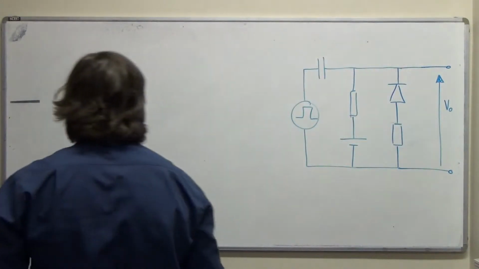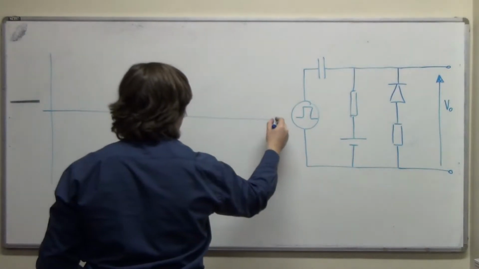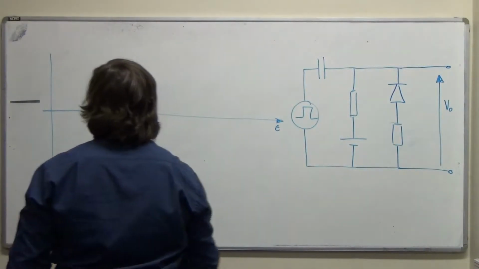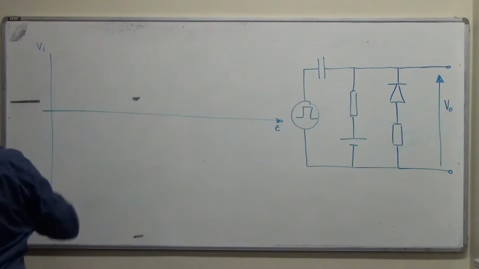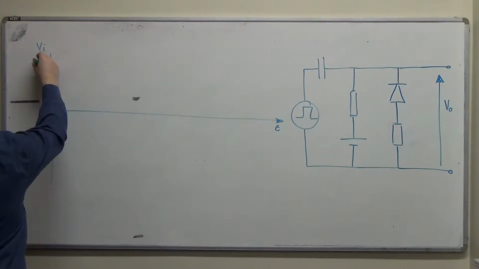So we'll be drawing a graph as usual. And V in will be in blue and V out will be in green.